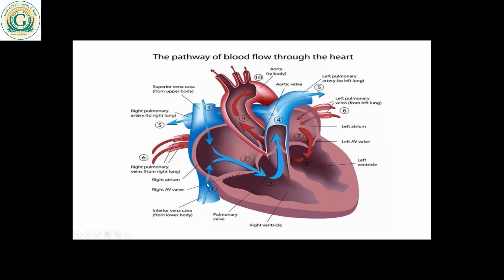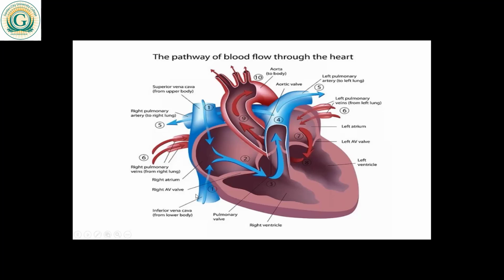We have deoxygenated blood returning back to the heart from the body. The body has used up the oxygen, and this deoxygenated blood is returning back to the heart. So we have the blood from the lower part of the body returning through the inferior vena cava. We have the blood returning from the upper body through the superior vena cava.